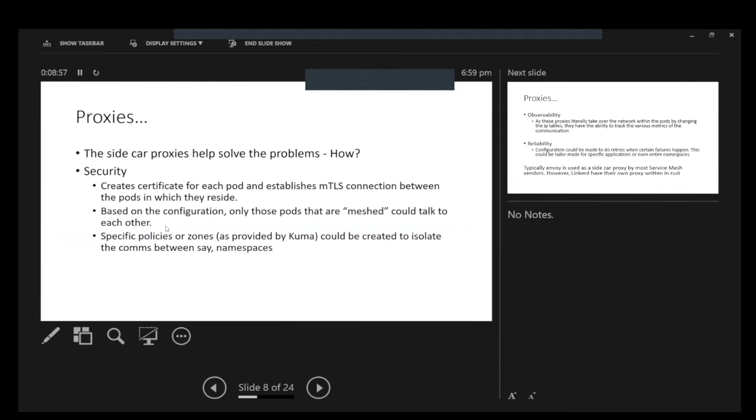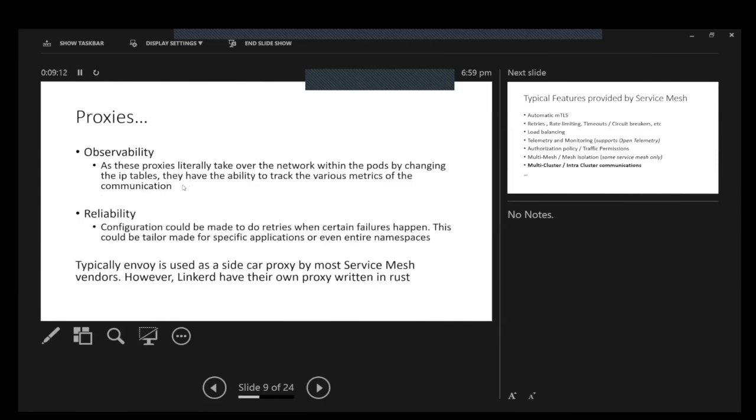These proxies talk using mutual TLS, which means certificates are shared. If a pod is not meshed, it cannot talk to the other one because it doesn't have the mTLS. So that's how you get the security.